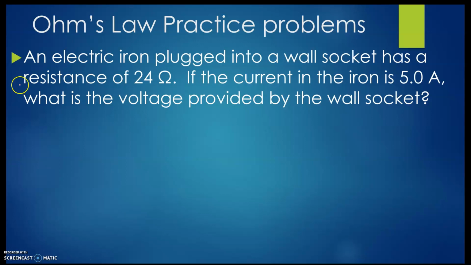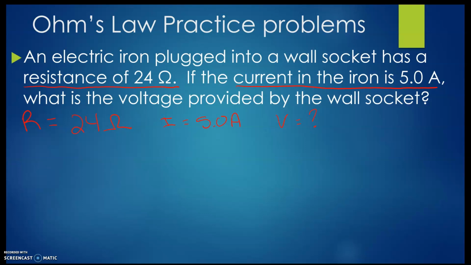The first piece of information that's given is our resistance. So our R equals 24 ohms. Okay, the next piece of information that is given is the current. So that's I equals 5 amps. That means that we are looking for the voltage.